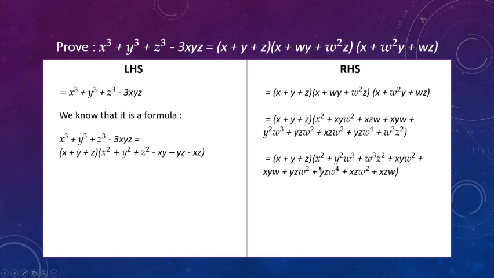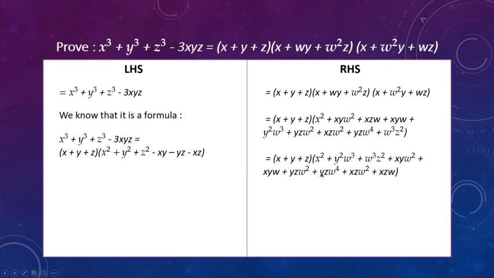In starting we will write x square, then we have to take y square. We will search where we have y square in this. Here we have y square omega cube. Then we have to take z square, so we will find where is z square. This is omega cube z square. We will write omega cube z square. Then we will need xy, so we have two values of xy omega and xy omega square. We will write these two values, xy omega square plus xy omega. Then we need yz.